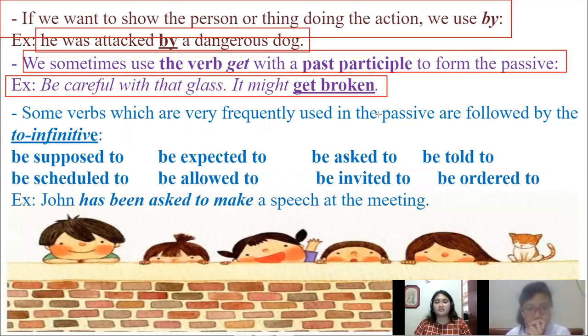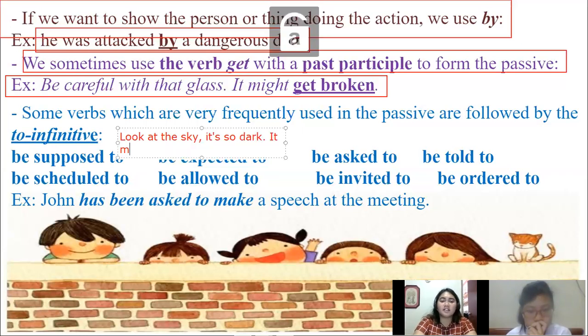It might get broken. Yes, very good. Or for another example, look at the sky. It's so dark. It might get rained today.